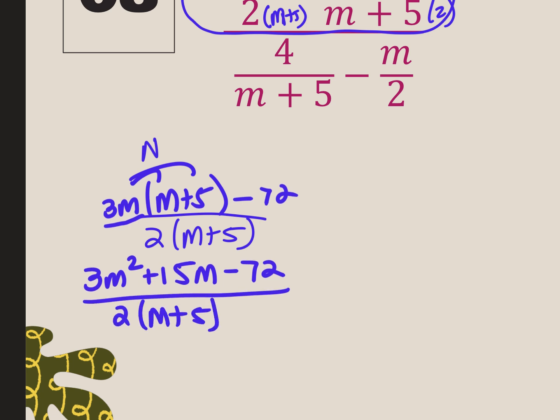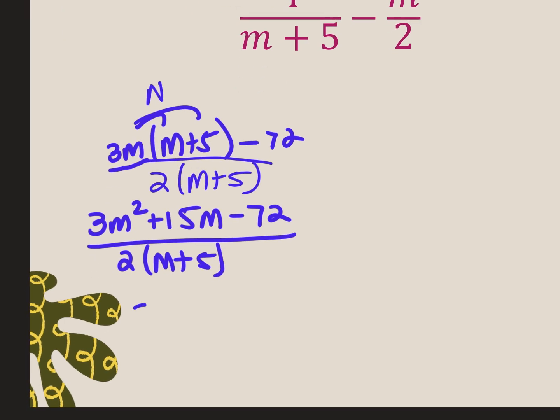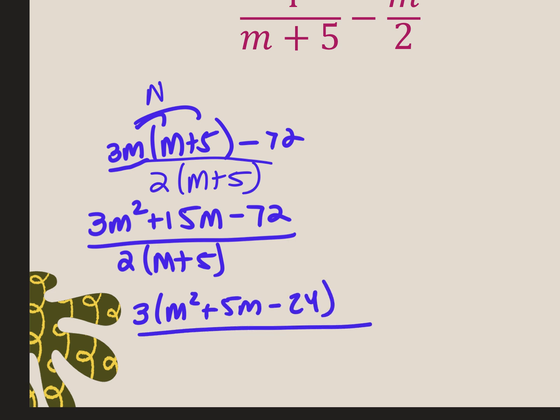I'm still going to worry about simplifying my numerator. Is there a GCF there? Yes. Okay, 3. So I'm left with m squared plus 5m minus 24 over 2 times m plus 5.